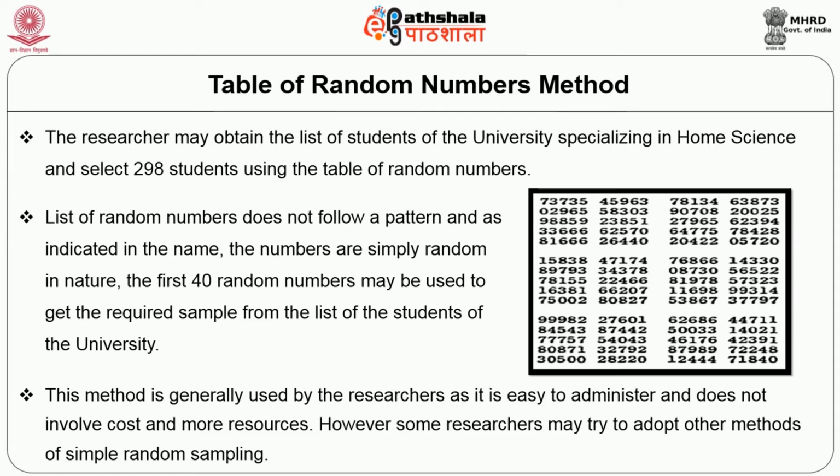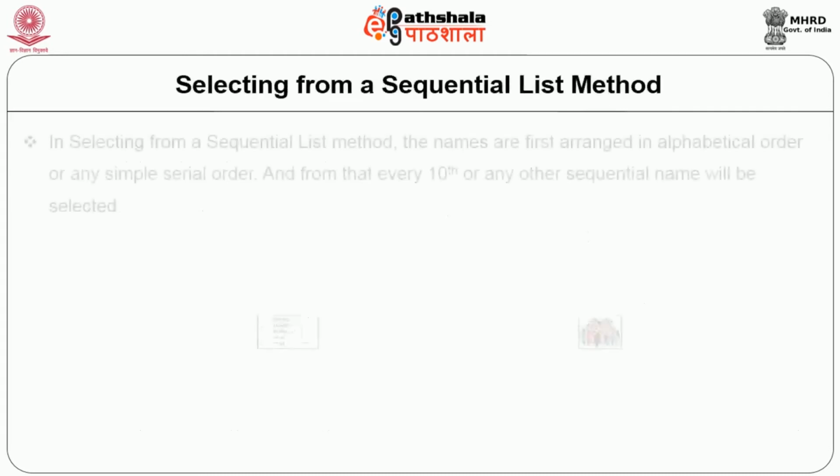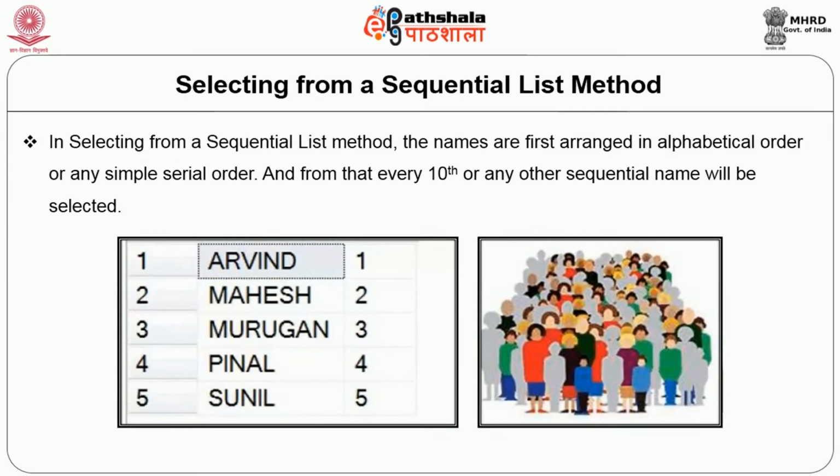However, some researchers may try to adopt other methods of simple random sampling. In selecting from a sequential list method, the names are first arranged in alphabetical order or any simple serial order, and from that every 10th or any other sequential name will be selected.